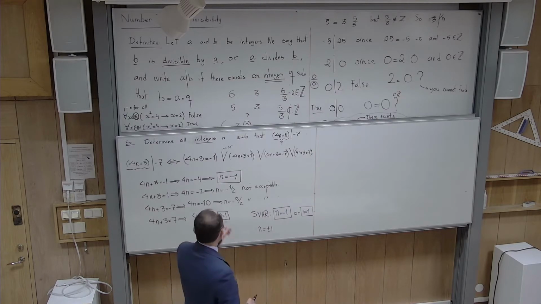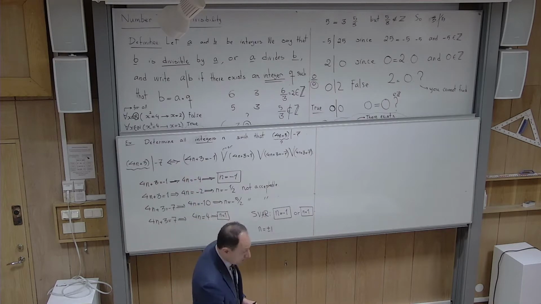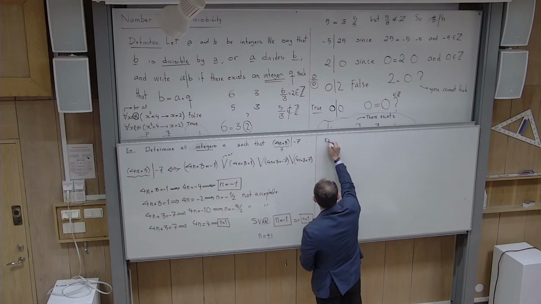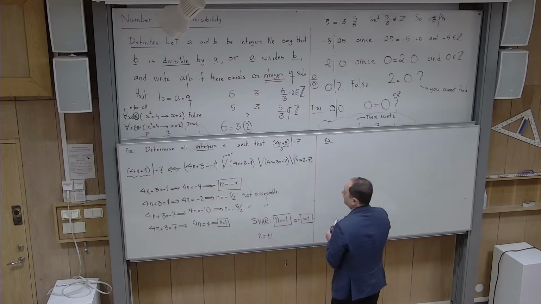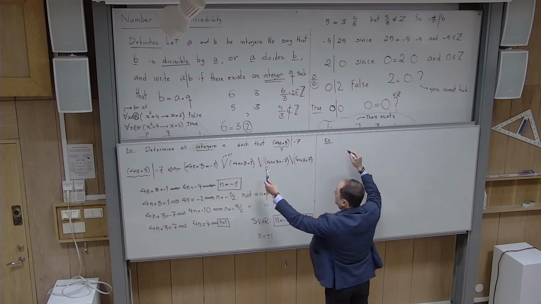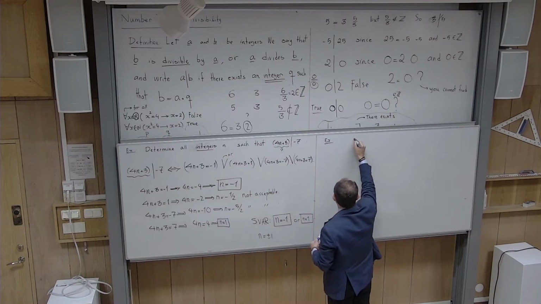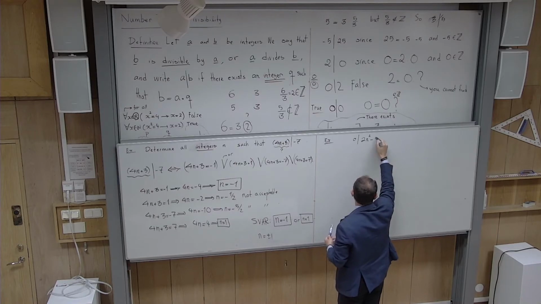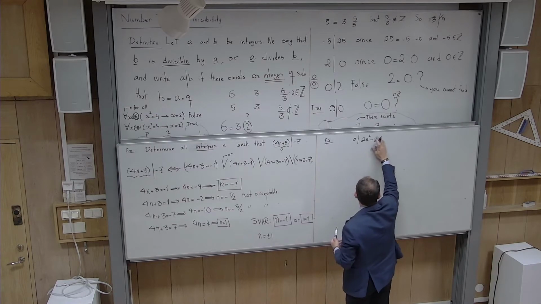Okay, if I ask you the same question, but I change it to this. Determine, so everything as before, determine all integers n such that 0 divides 2n squared minus 3n minus 2.